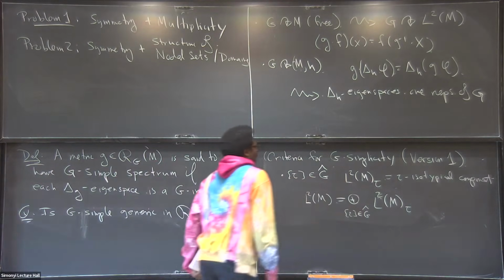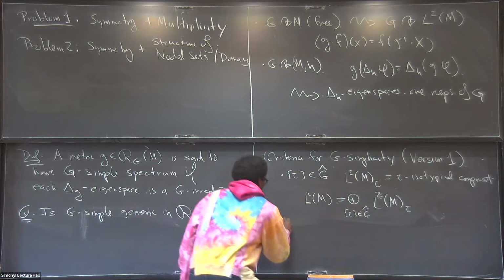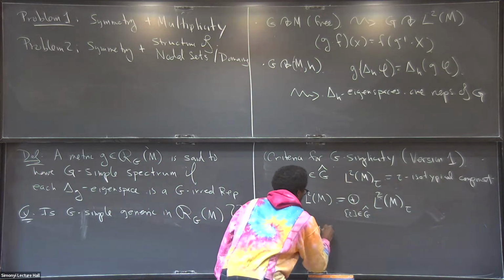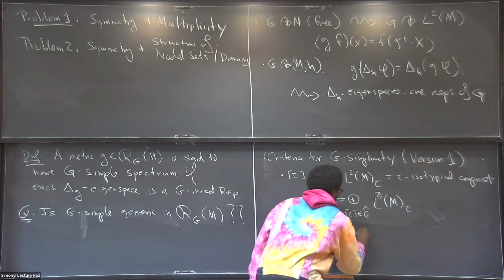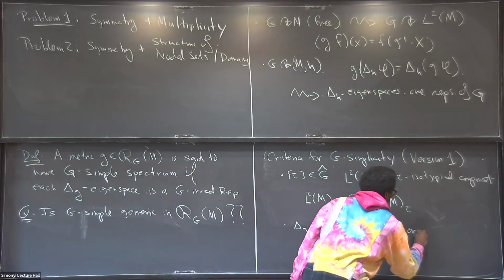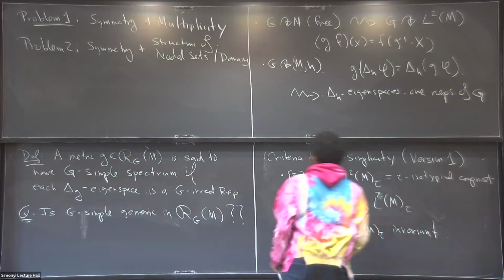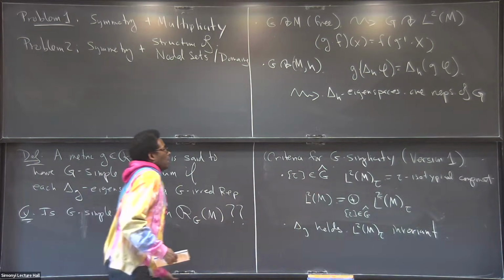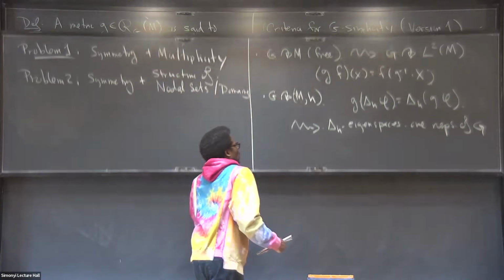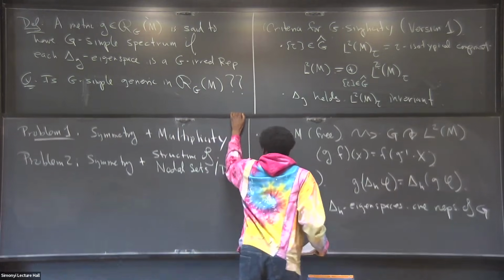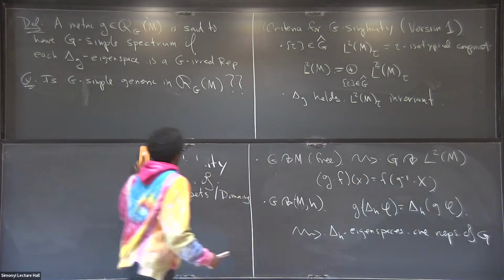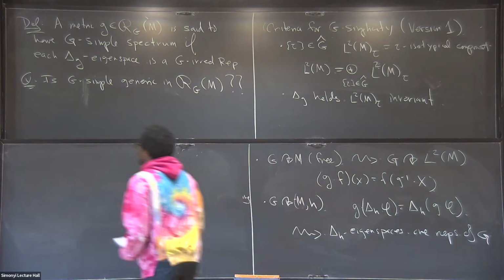Okay. So what we see then is that this guy holds this guy invariant. And with that in mind, we get to criteria which explain a little bit how one might approach the problem.